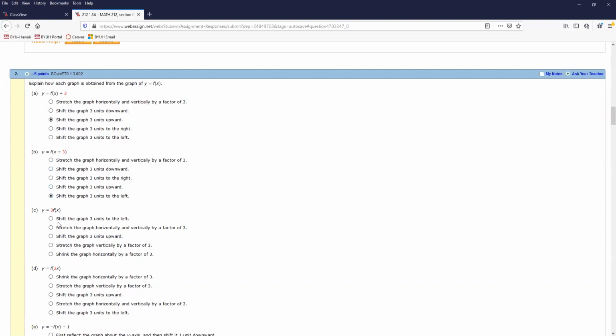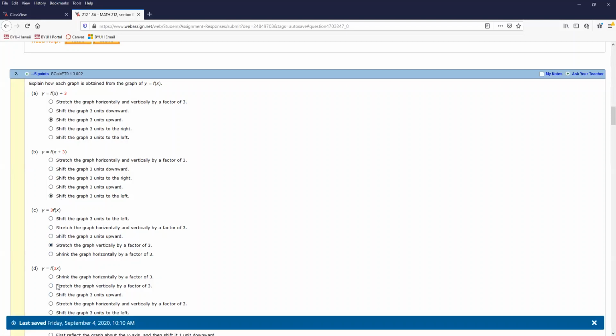Okay, what about this one? 3f of x. That would shift the graph vertically by a factor of 3. Yes, it stretches it vertically by a factor of 3.